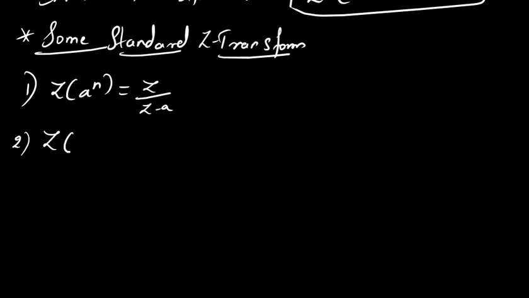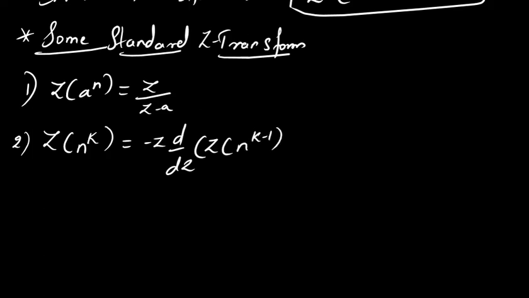Similarly, Z transform of n power k, where n is our function, is equal to minus z d by dz, the derivative, of the Z transform of n power k minus 1, where k is a constant and n is nothing but the function.